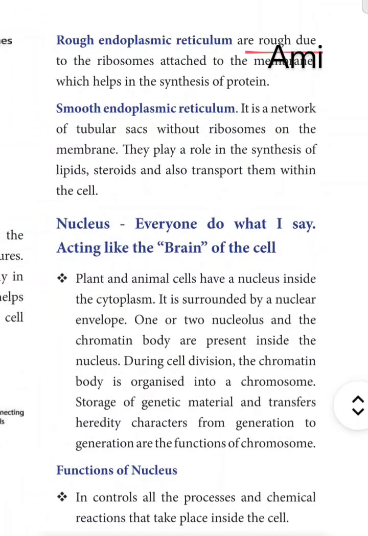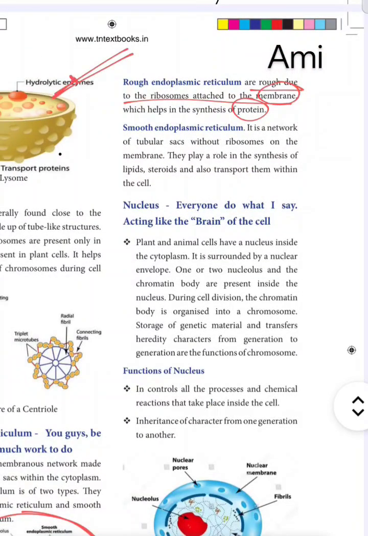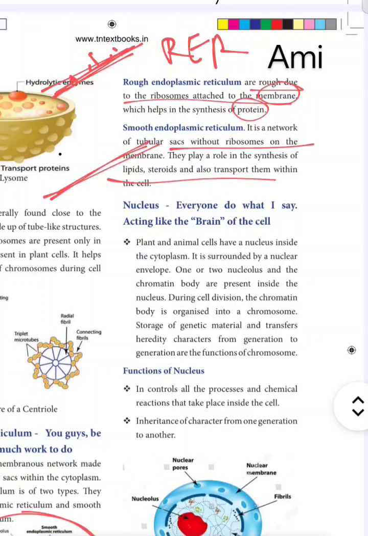The rough one is due to the attachment of proteins on the surface, hence the surface is not smooth, it is rough, hence it is known as RER or rough endoplasmic reticulum. Whereas the surface which does not have protein is smooth, and it helps in the synthesis of lipids, hence it is known as smooth endoplasmic reticulum. It lacks protein, whereas the rough surface has protein.